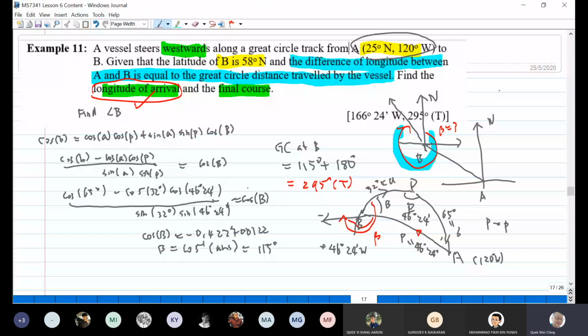So that finishes example 11. That is the last example already. I don't intend to go to 12. Example 10 is a very important example, and example 11 illustrates to you how to do this type of question again.